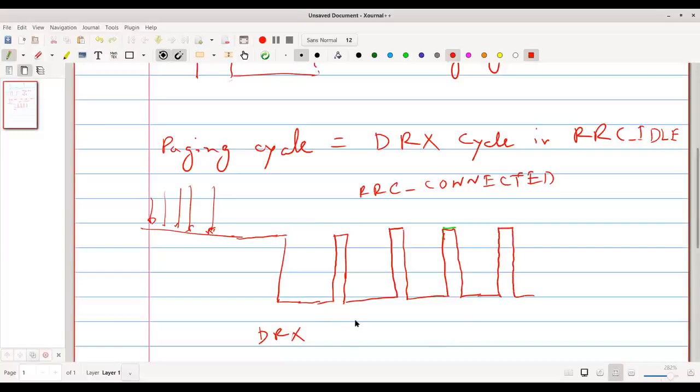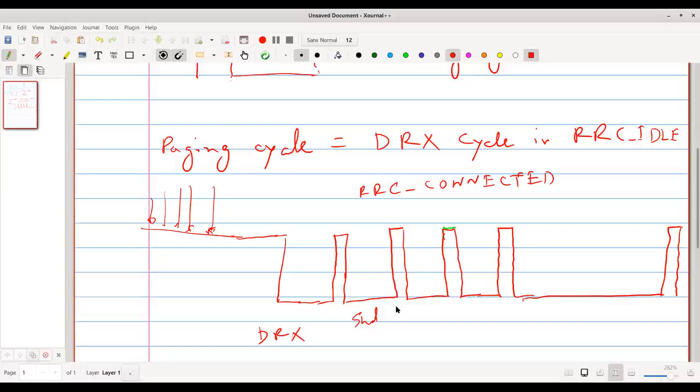After you find that there are no packets coming in, you can go for a long DRX cycle. These are short DRX cycles, and this is a long DRX cycle.